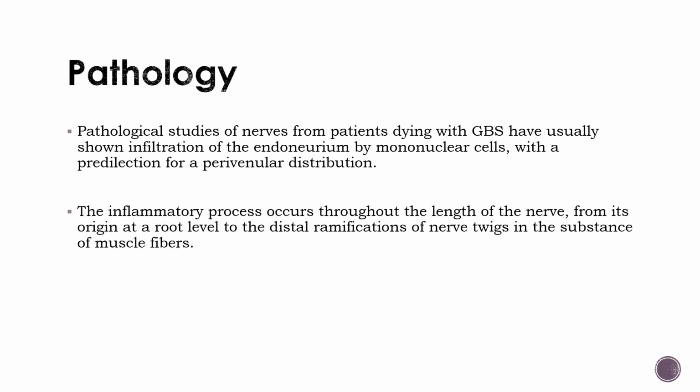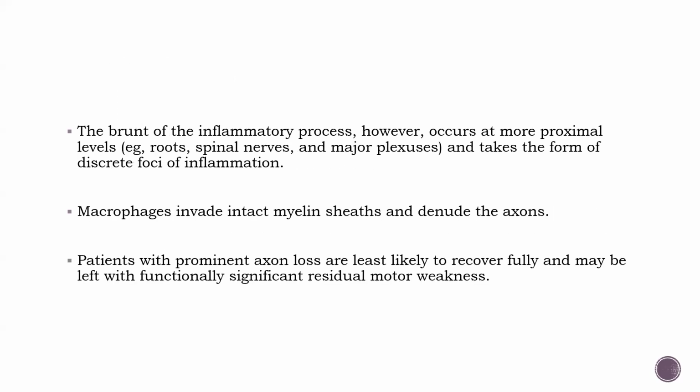Now, regarding pathology, pathological studies of nerves from patients dying with GBS have usually shown infiltration of the endoneurium by mononuclear cells with a predilection for perivenular distribution. The inflammatory process occurs throughout the length of the nerve, from its origin at root level to distal ramifications of nerve twigs in the substance of muscle fiber.